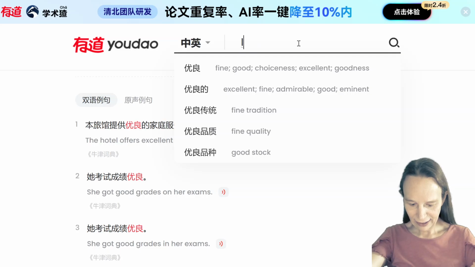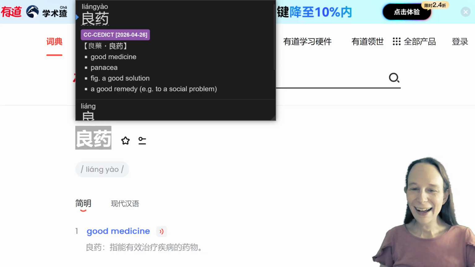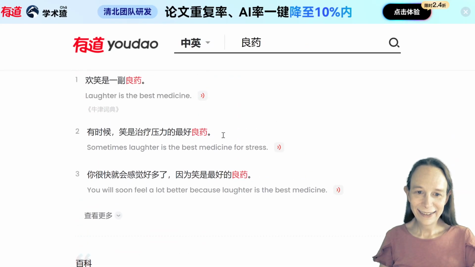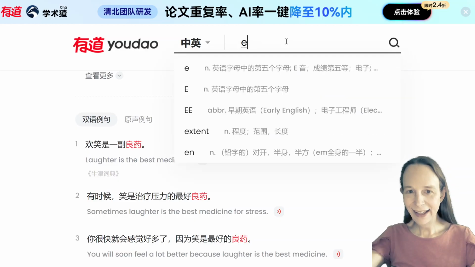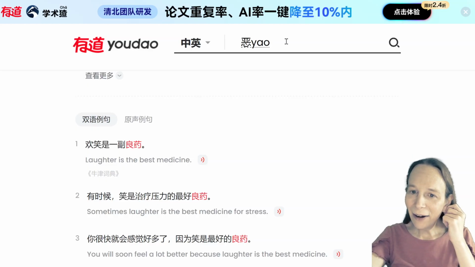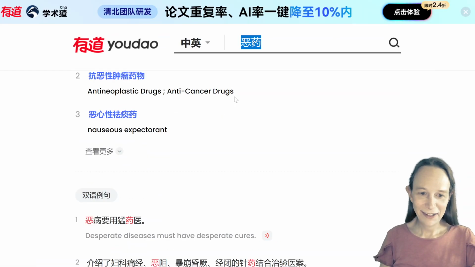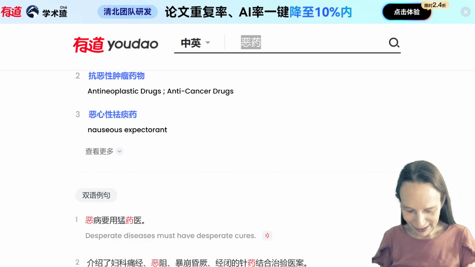And 良药 is just good medicine. Is there 恶药? I don't know. Probably not. If it's 恶药, it's not medicine, is it? Probably not.